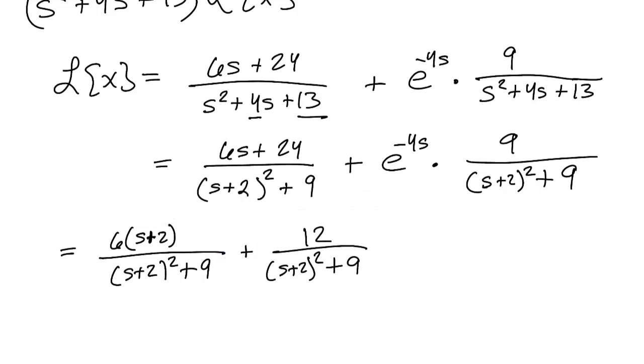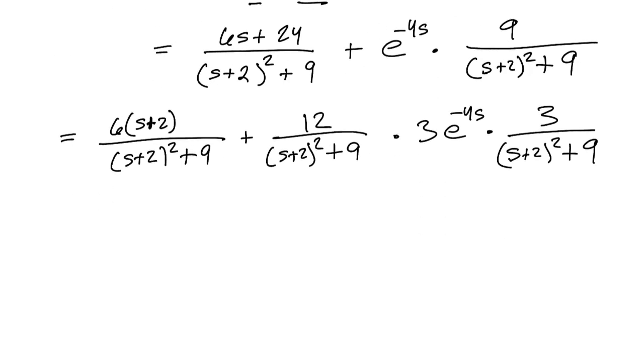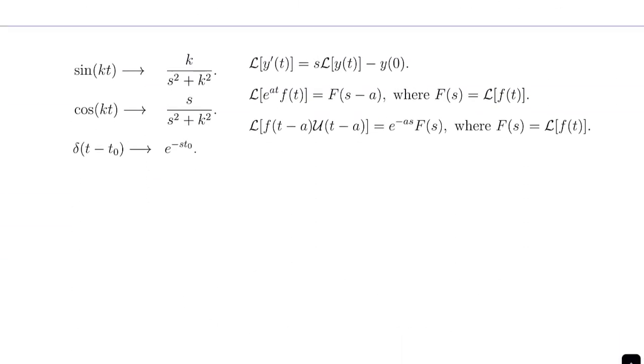Okay? And the second one, I think I'm going to take out a 3 e to the minus 4s, and then leave that as 3 over s plus 2 squared plus 9, so that it matches the standard sine and cosine formulas that we're looking for.